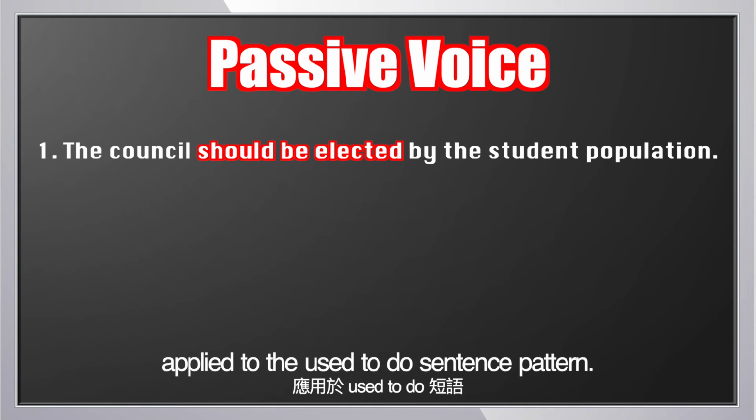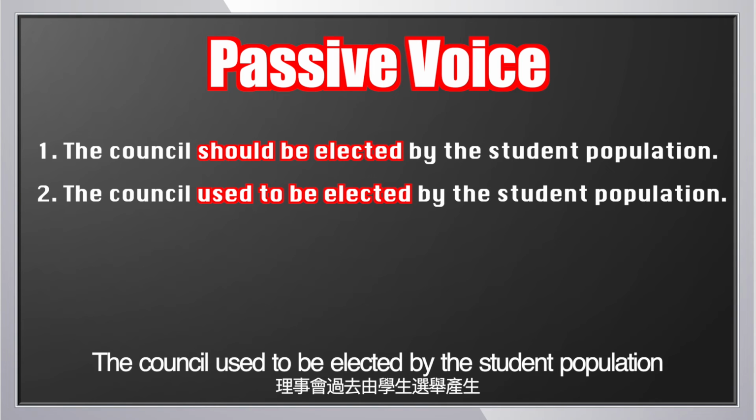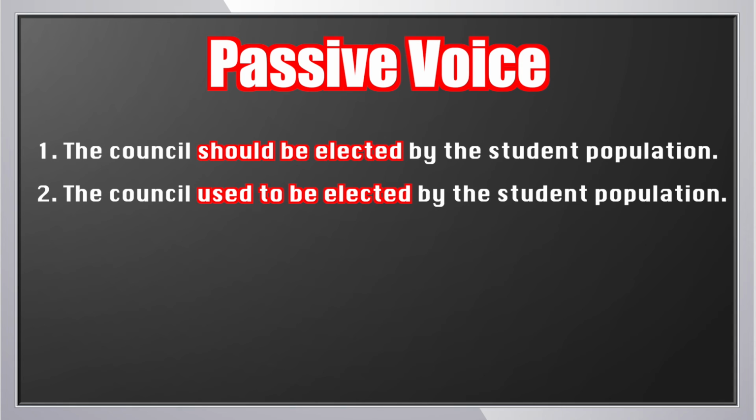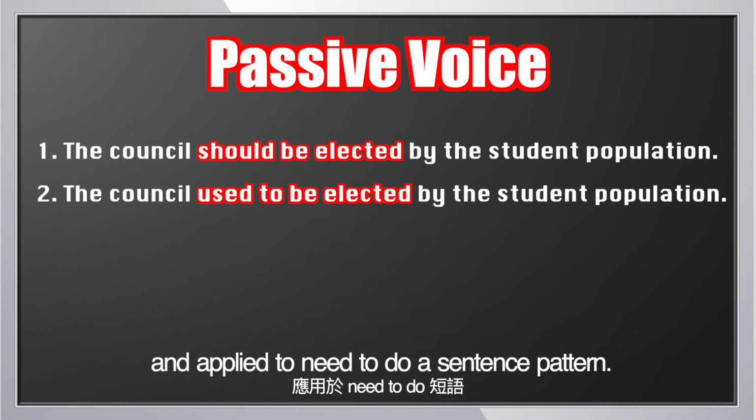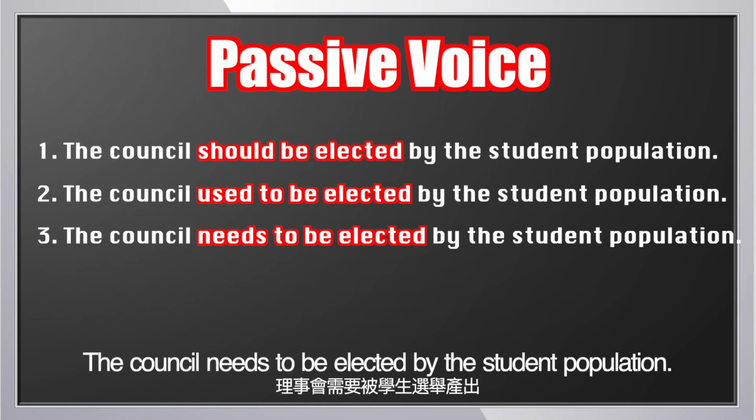Applied to the used to do sentence pattern, we can say, the council used to be elected by the student population. And applied to need to do sentence pattern, we can say, the council needs to be elected by the student population.